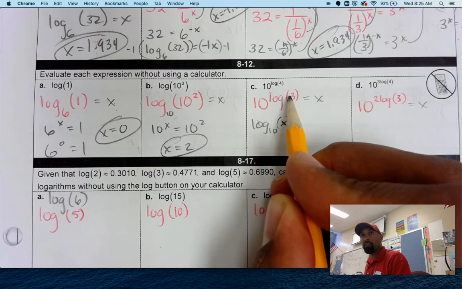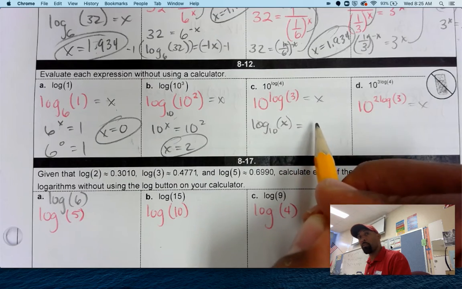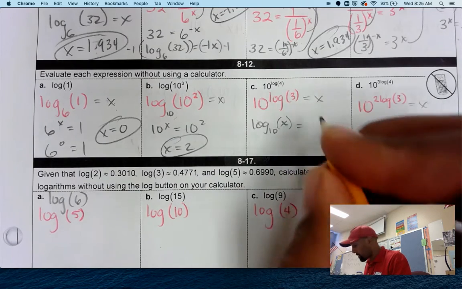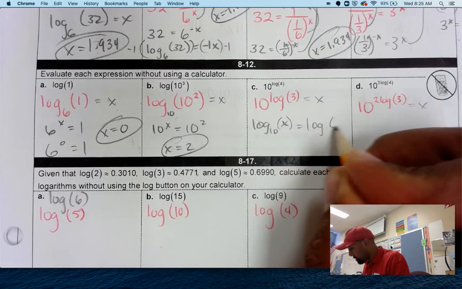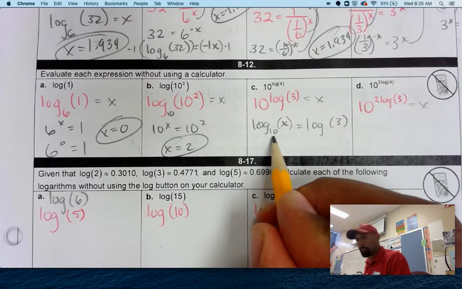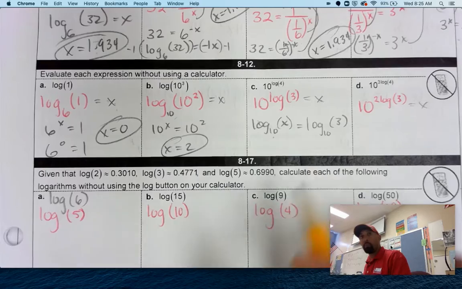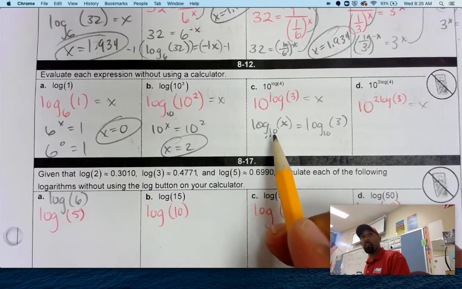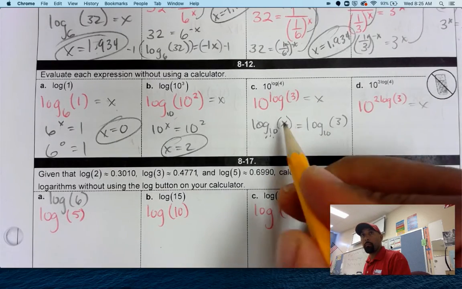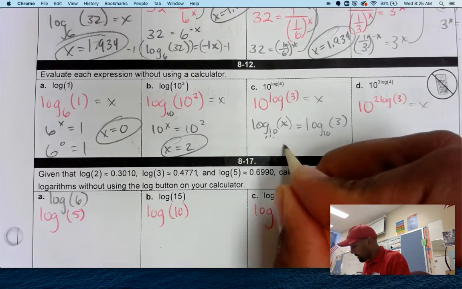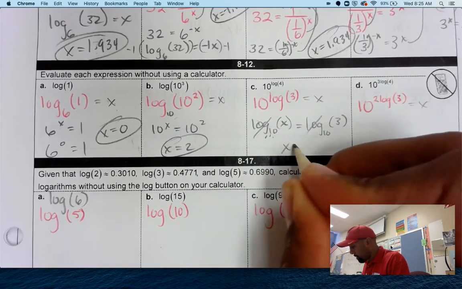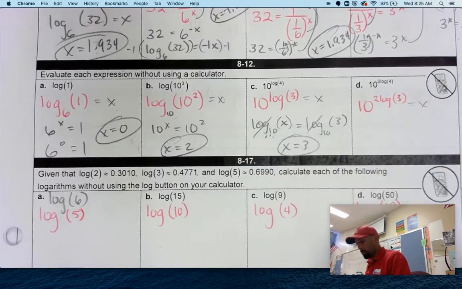Remember, when you go into log form, the e goes on the other side of the equation. This is automatically base 10 because it's not written. And when you have a single log on both sides, that means the arguments have to be equal, so I can just cancel these out and x equals 3.